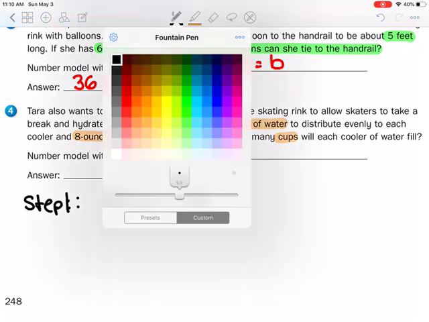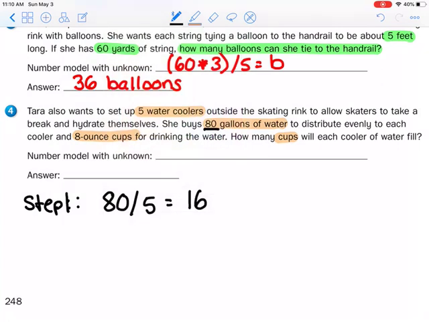So our first thing that we did for our number model is 80 divided by 5. Now, let's see what else they need us to do. Evenly to each cooler, and 8-ounce drinking cups for drinking the water. How many cups will each cooler of water need?